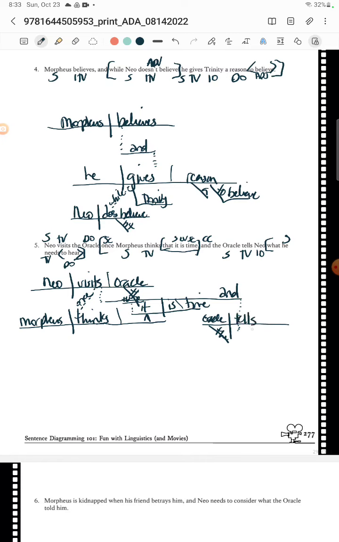She tells Neo, and then what does she tell Neo? She tells him he needs, and then what does he need? He needs to hear, and then to hear what? So that, whoosh, goes over there.